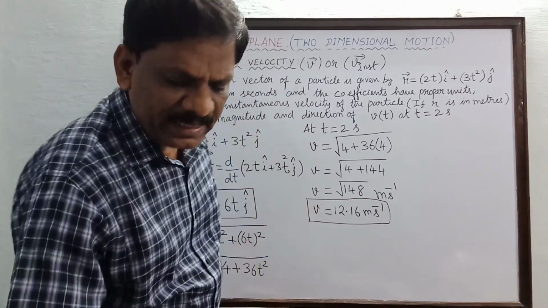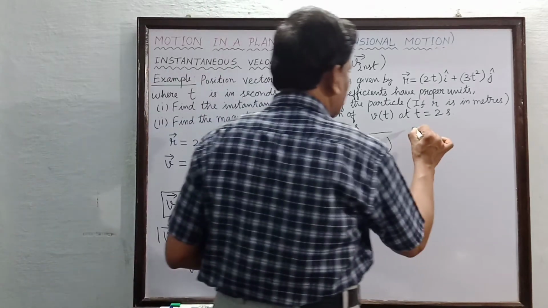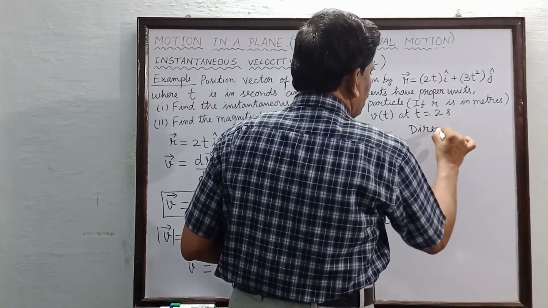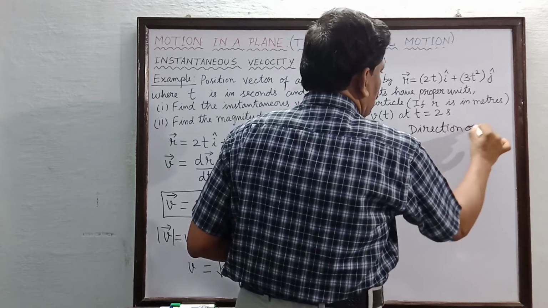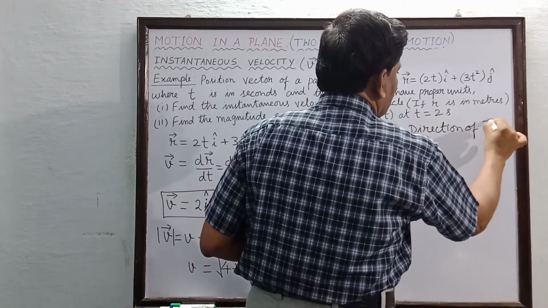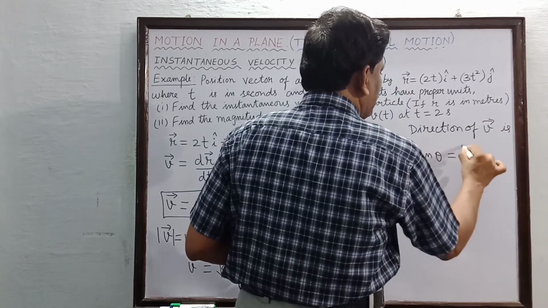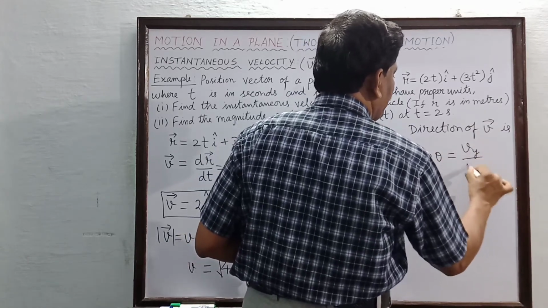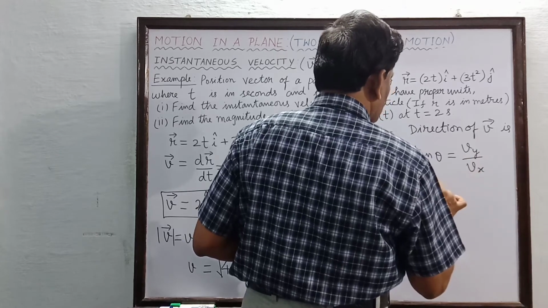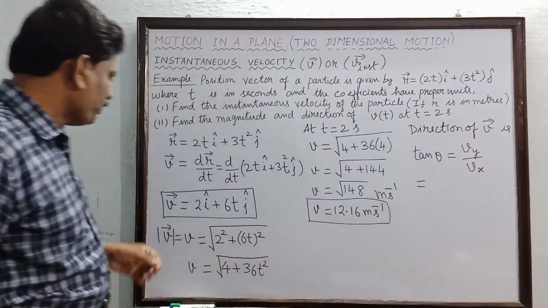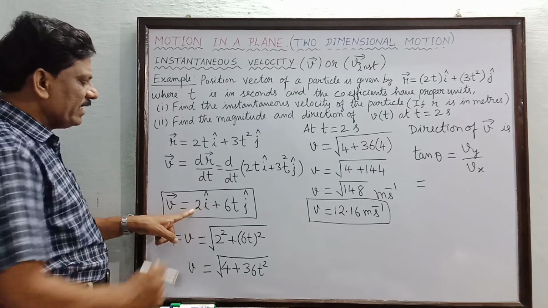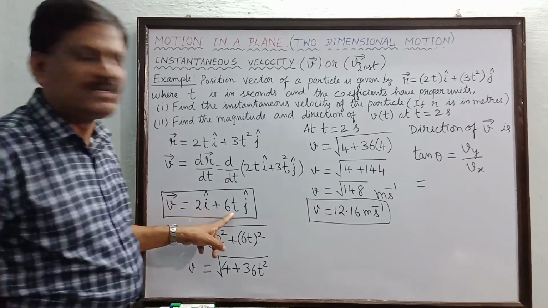Then we have to find the direction. The direction of the instantaneous velocity is given by tan theta, which is equal to the y component of v divided by the x component of v. Here Vx is equal to 2 and Vy is equal to 6t.